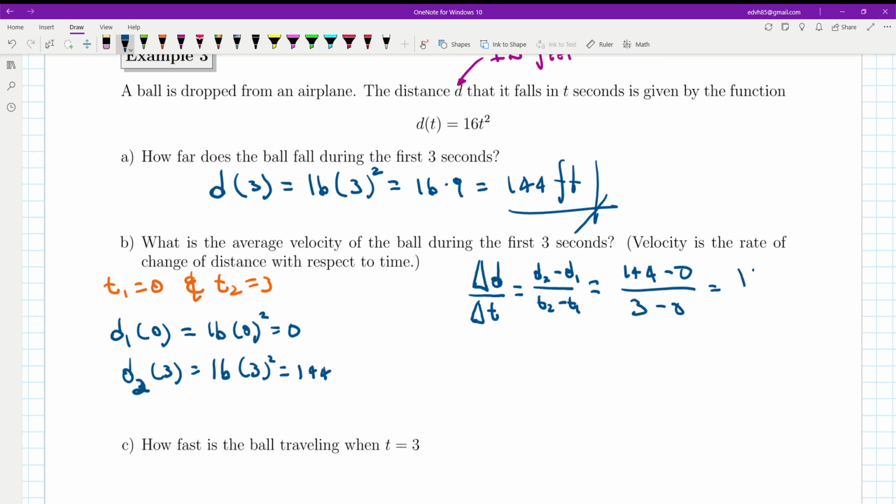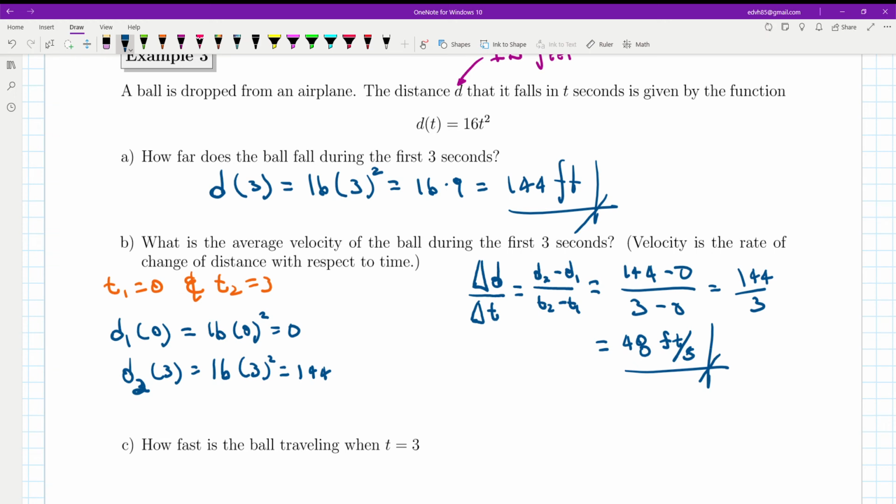That's 144 over 3, which equals 48. And for the units, we are relating distance over time, so that's feet per second. All right, so this is a problem where we find the average velocity.